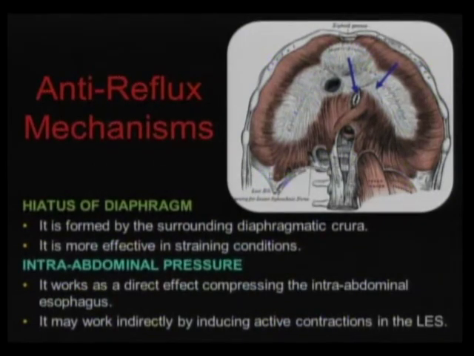It has a direct effect compressing the intra-abdominal esophagus, and not only works as an extrinsic compression. Sometimes the contraction can produce some active contraction of the lower esophageal sphincter. They don't know exactly if it's a primary extrinsic compression or also produces some contractions of the lower esophageal sphincter that help to prevent the reflux.